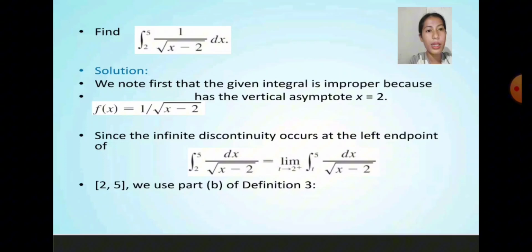Since the infinite discontinuity occurs at the left endpoint, the integral of dx over the square root of x minus 2 from 2 to 5 is equal to the limit as t approaches 2 from the right of the integral of dx over the square root of x minus 2 from t to 5. Here we use part B of definition 3.